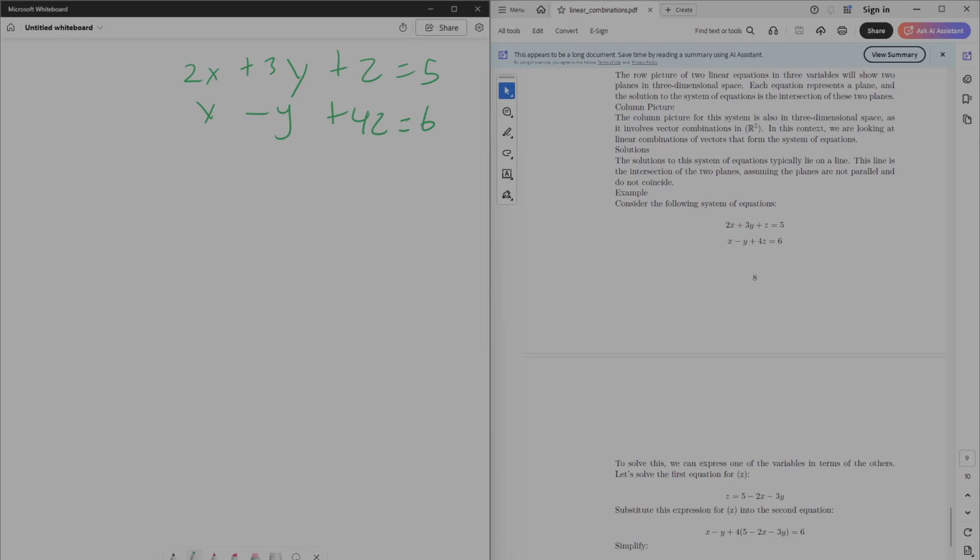So z is by itself, so we can solve for it. We're going to solve for z on the first one. So this will be 1, this will be 2. Solving for z on 1, we have z is equal to 5 minus 2x minus 3y.